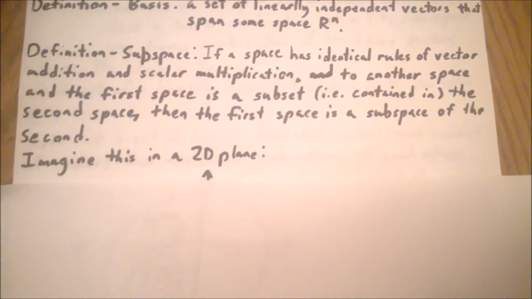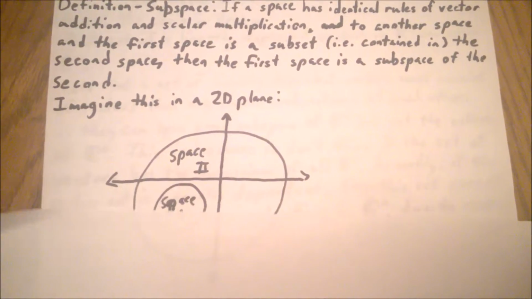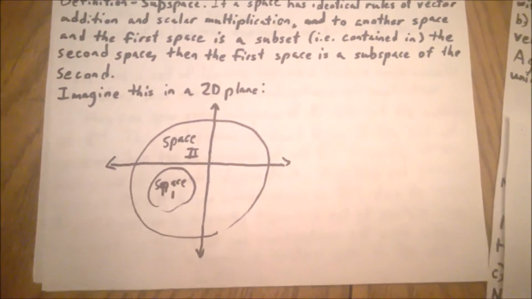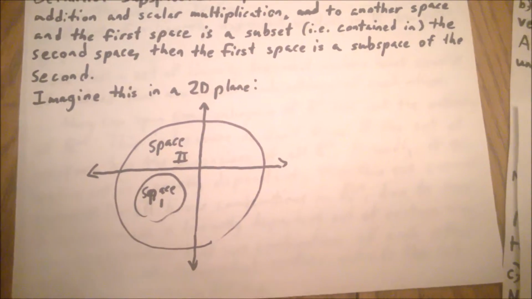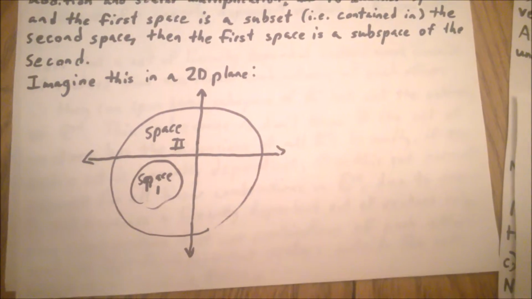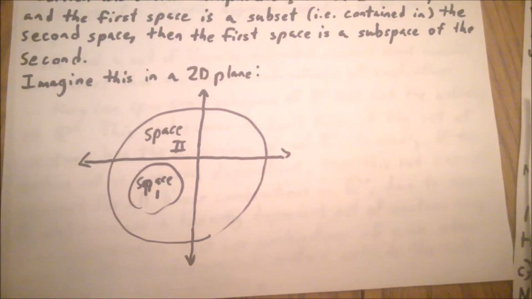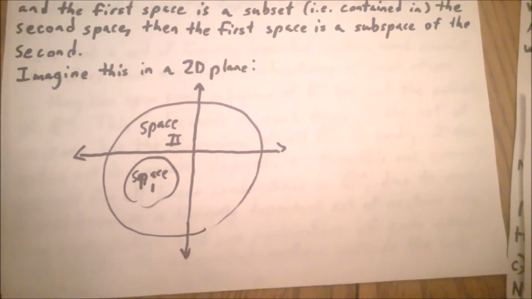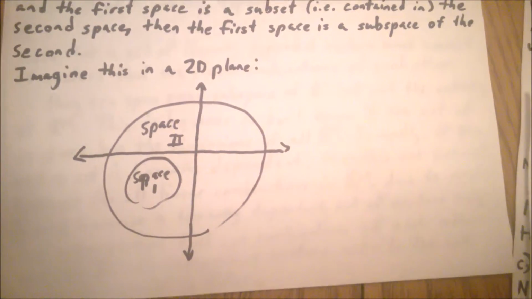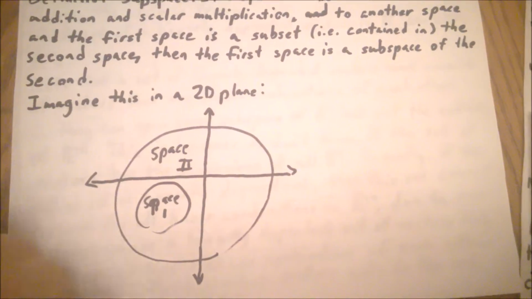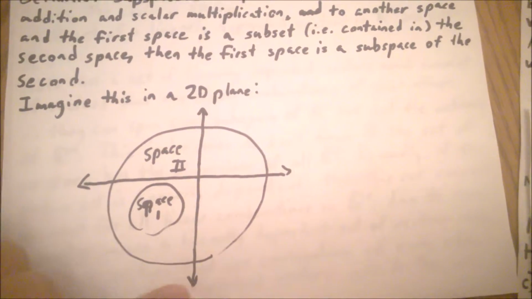I know that was very confusing and that sounded very loaded with terminology. So it's really easy to just go ahead and visualize this. So imagine this as just a 2D plane. We have here an x by y axis. You can imagine the first space as this little space of coordinates here in the third section. And then you can imagine space 2 as a circle encompassing all 4 sections.